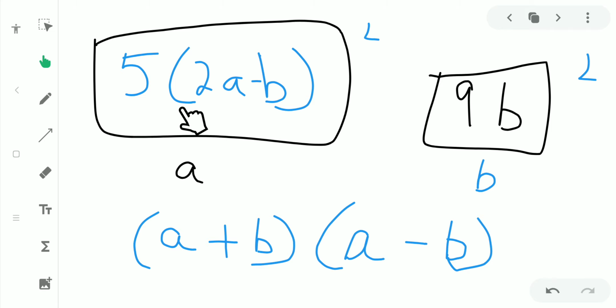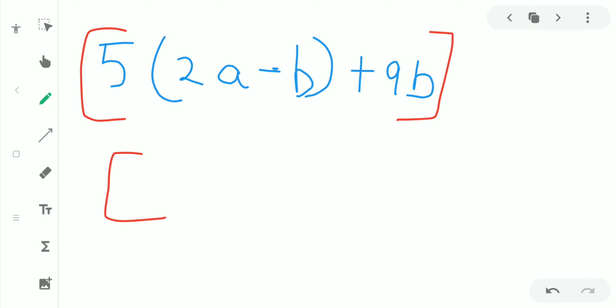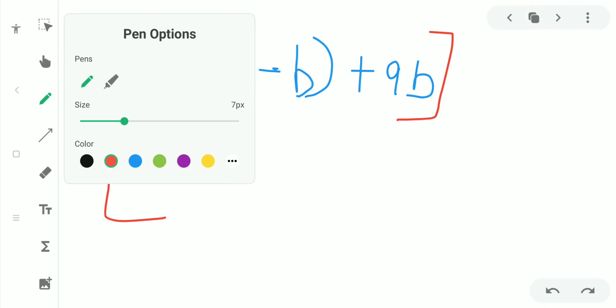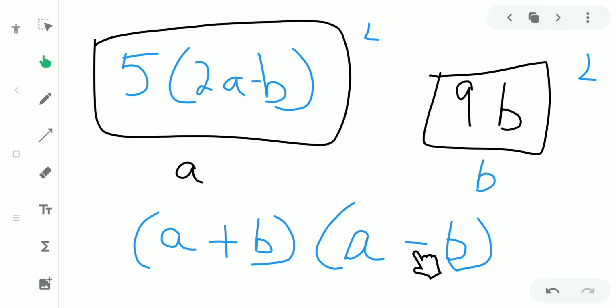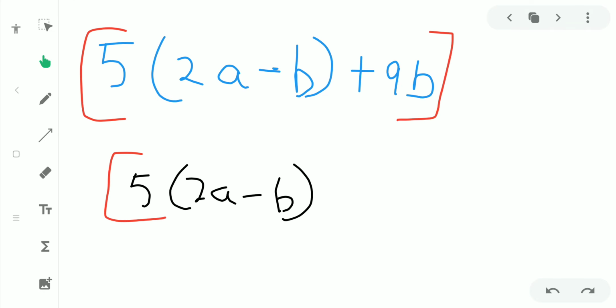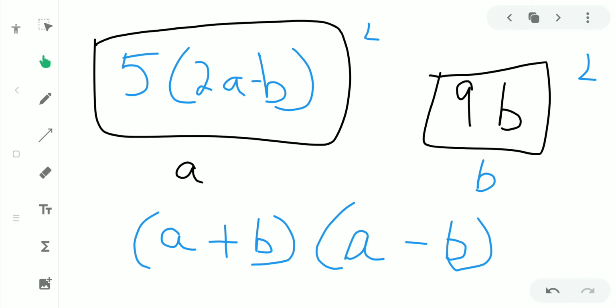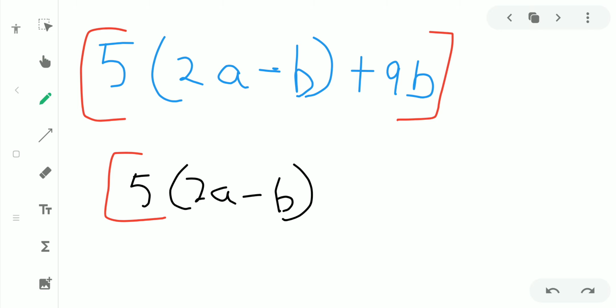So a is 5 multiplied with 2a minus b, 5 times 2a minus b, and we have minus b, so minus 9b.